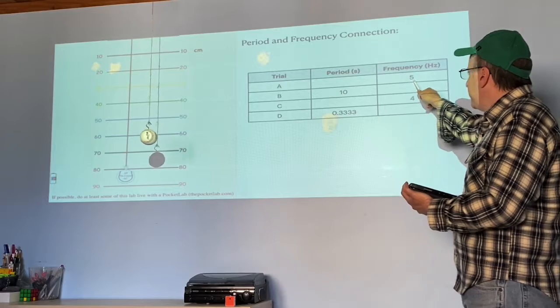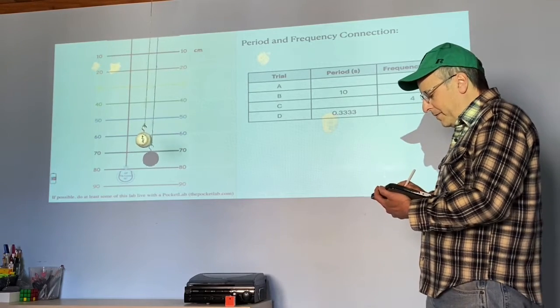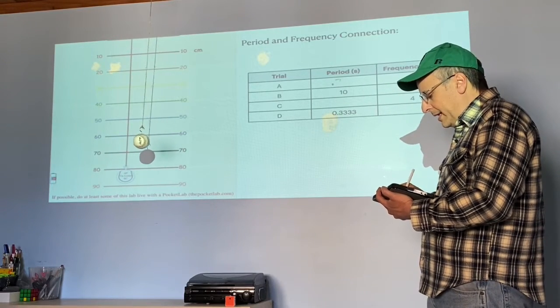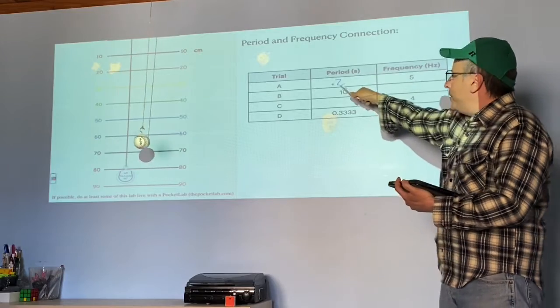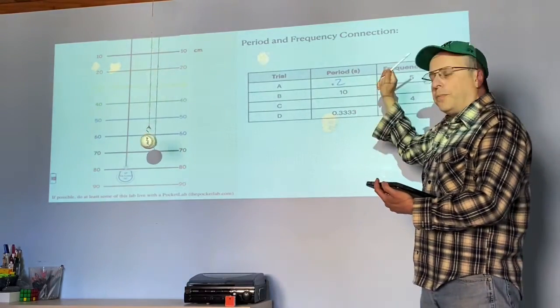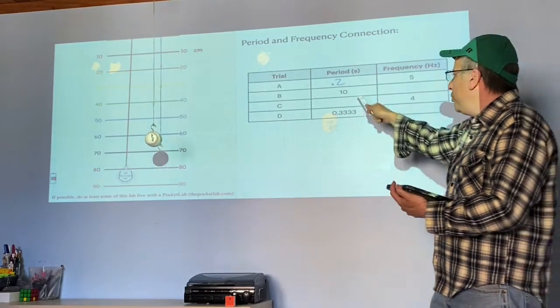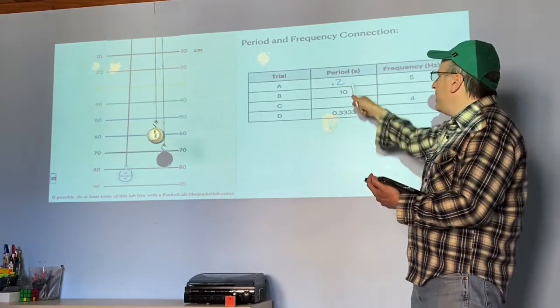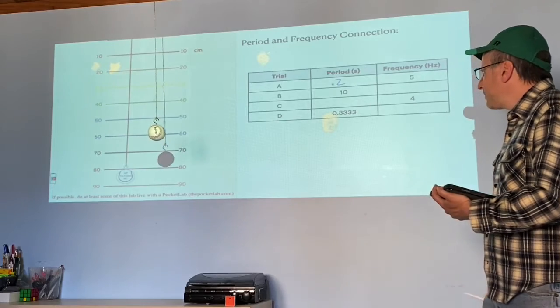So if the frequency is 5, the period is 1/5. Don't write it as a fraction, but do it as a decimal. It takes 0.2 seconds. 0.2 five times gets up to 1 second.